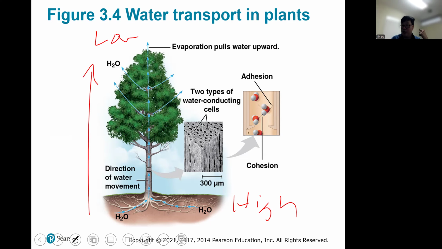So in this case, it will freely move from the ground up. But the only way that we're able to have it move up is through the process of evaporation, where the sun is hitting the canopy, evaporating the water, causing an area of low pressure, then we're able to push it up. And the reason why water is able to climb up is through the process of adhesion.